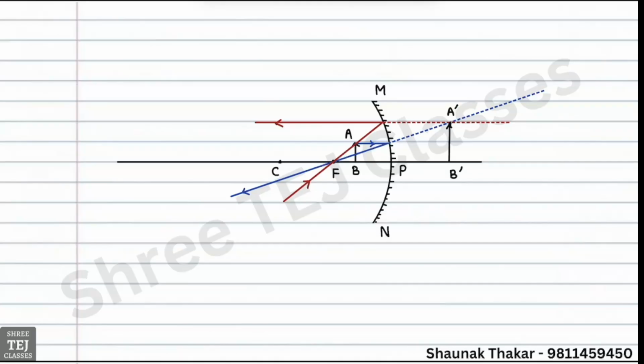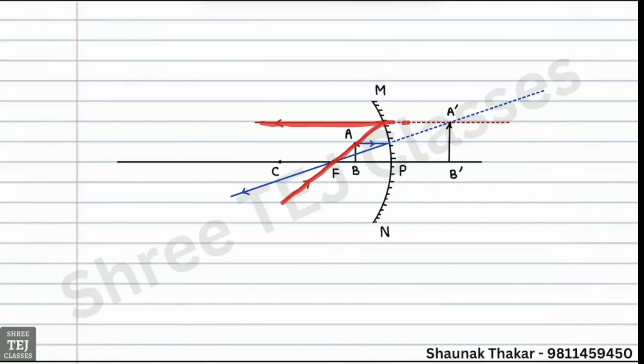So let us recap how we arrived at this image. The incident ray parallel to the principal axis after reflection passes through the focus. We have extended that ray behind the mirror. The second ray we have chosen is the ray passing through the focus. After reflection, it goes parallel to the principal axis.